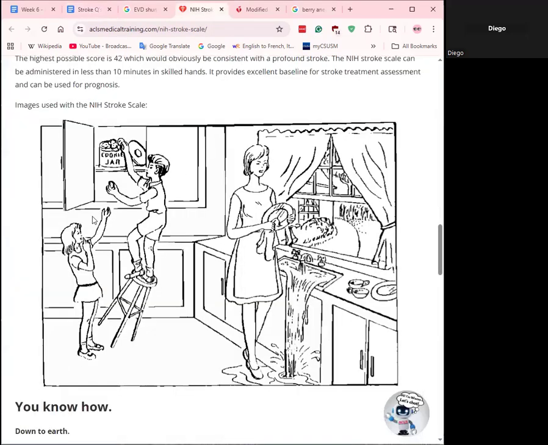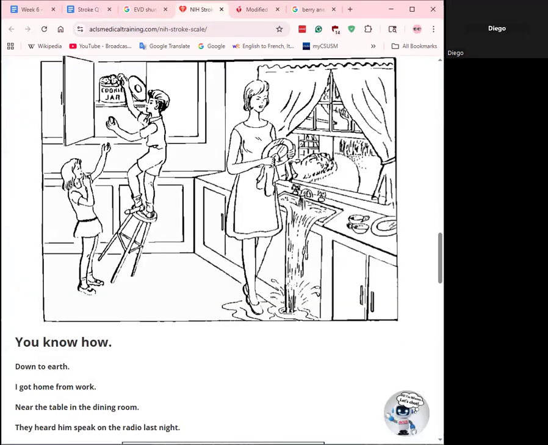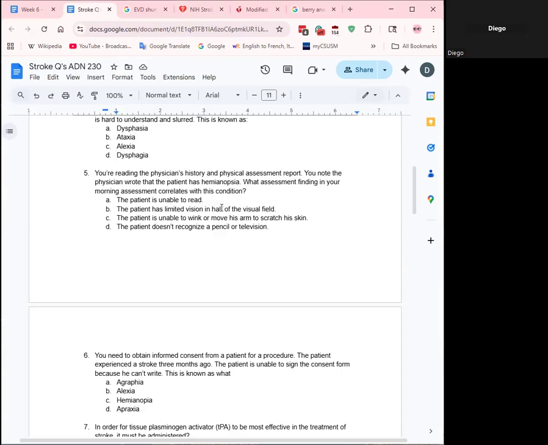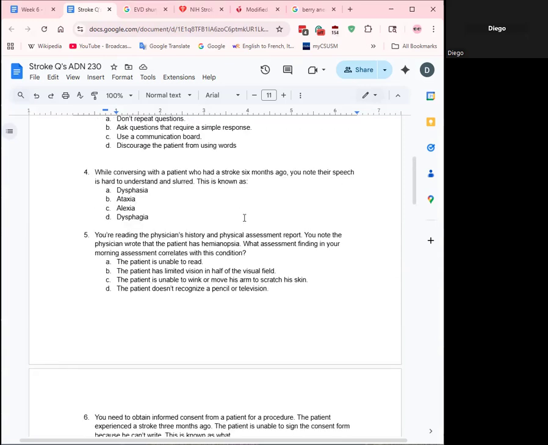They might be able to interpret stuff they see on their left side, but have a harder time on the right side, and vice versa. So that's what that word is if you see it.